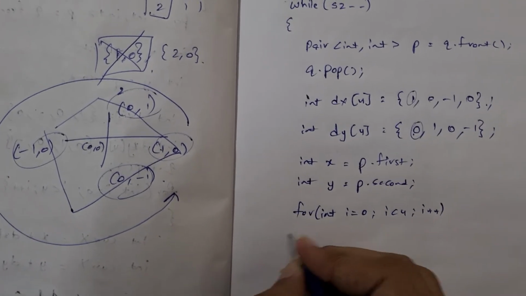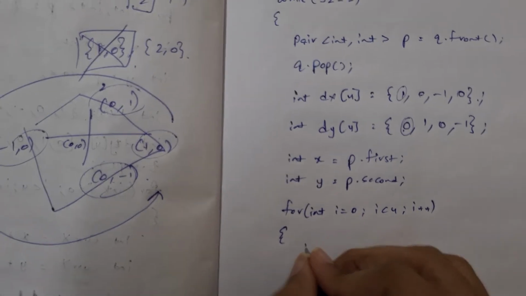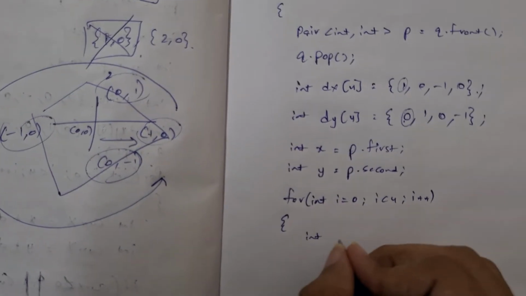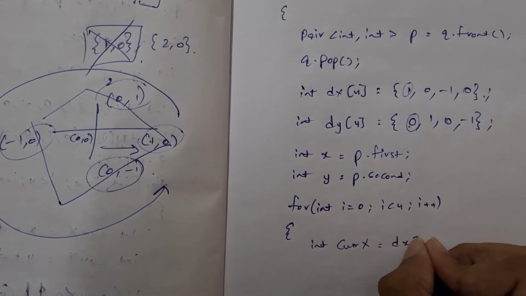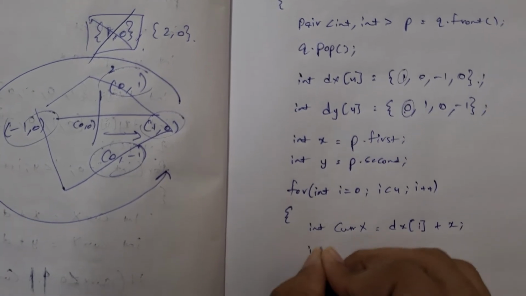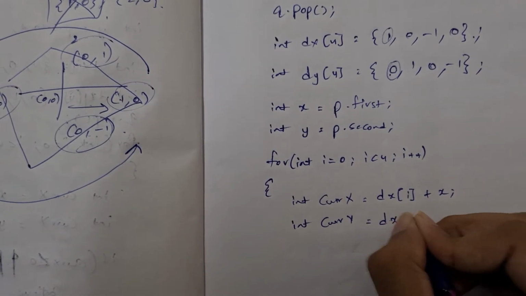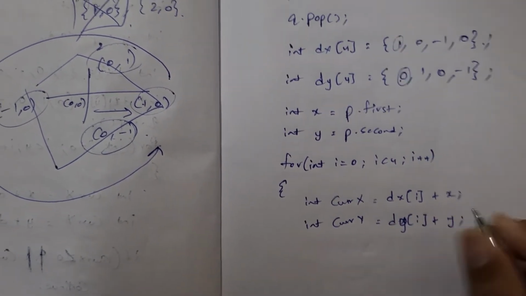Now I have to calculate the current position. If we make this move, what will be our current position? So current x will be dx[i] plus x, and in a similar way we can calculate current y, which will be dy[i] plus y.